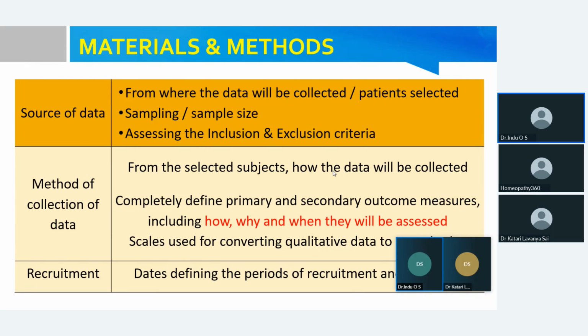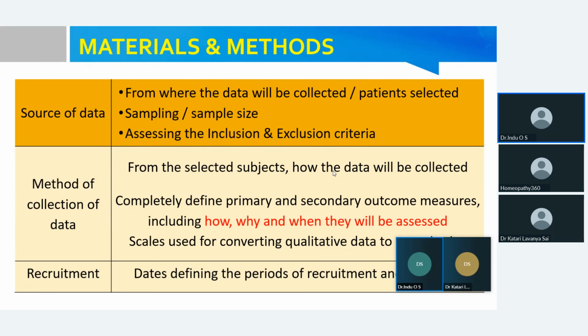If it is a chronic disease, you can give that much time for the follow-up. That comes under this. In the next slide, you can see one example for converting qualitative data to quantitative data. Next slide, please.